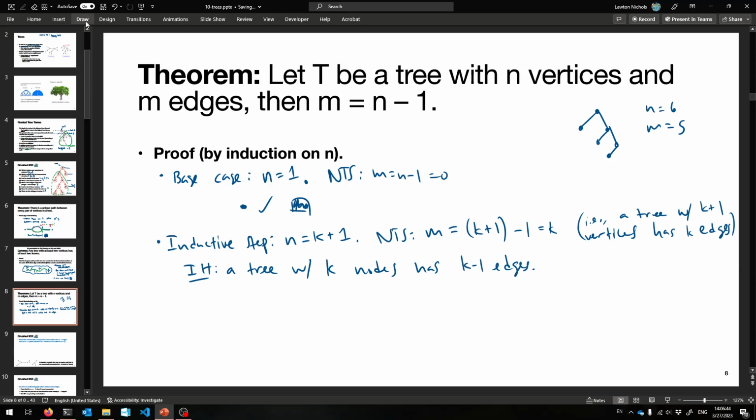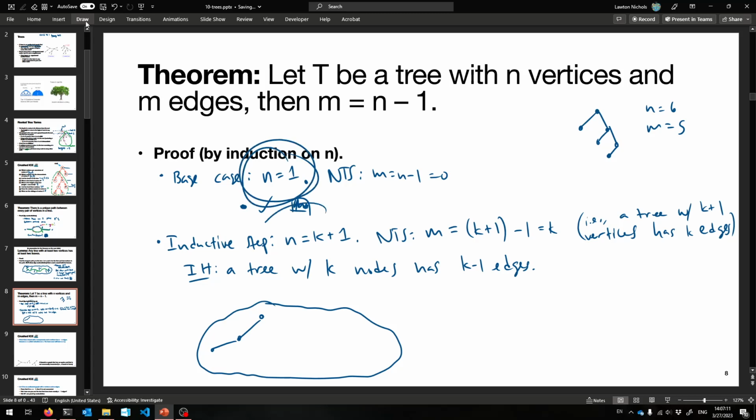And we'll use that. So here is our tree, all right? And the goal is we would like to find a smaller tree and add a piece to it. So here's our weird looking tree. I don't know what it is, but I know that the number of nodes in this tree is more than 1 because I'm in the inductive step. The size of this tree that I'm considering right now is greater than 1. So our lemma applies. All right, that's where I'm going with this.